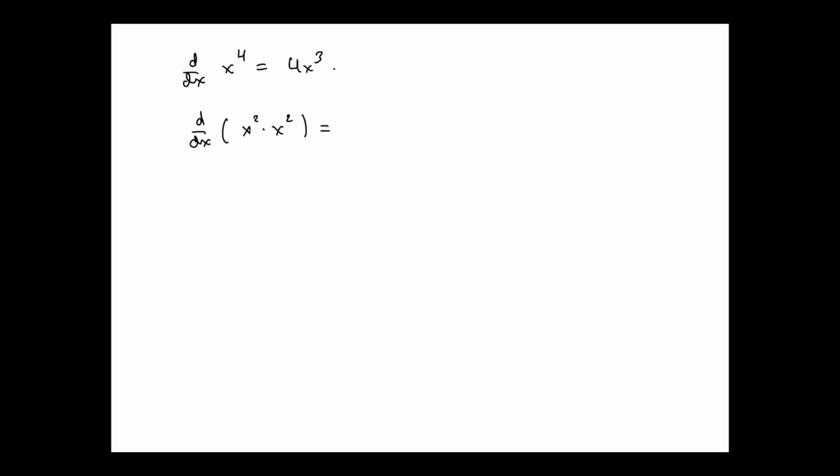What I'm basically asking here is what's the derivative of the product of two functions? Wouldn't it be nice if it was just the product of the derivatives? That would be nice, but we cannot have nice things. It's not just that, and in fact we can see why. If I did that, what's the derivative of x squared? What's the derivative of the other x squared? What's 2x times 2x? But what are we supposed to get? So that doesn't work.